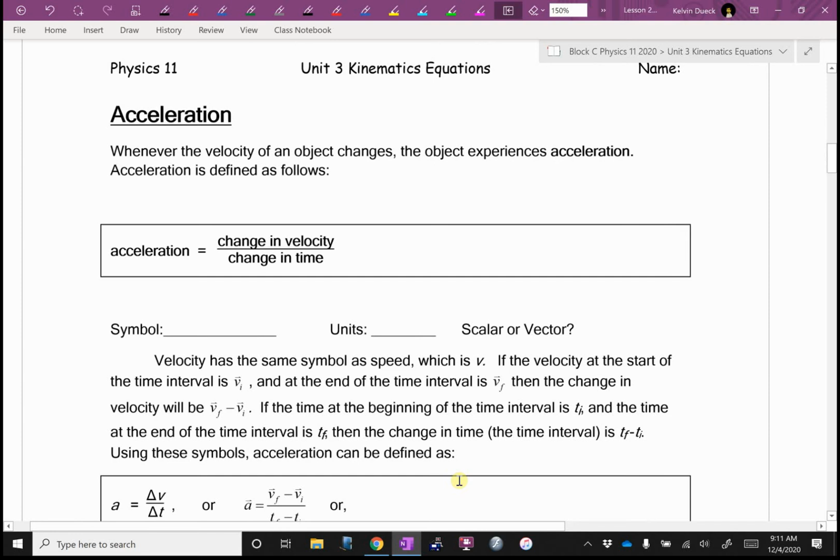Whenever the velocity of an object changes, the object experiences acceleration. Now, I should point out, velocity is a vector. If I was a good teacher, I'd have a dumb way for you to remember that, but you're on your own. All vectors have magnitude and direction. So there's two ways that you can accelerate. You can change your magnitude, speed up or slow down, or you can change your direction.